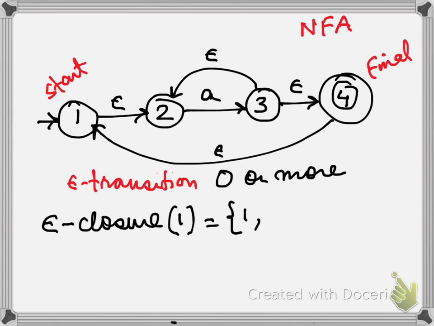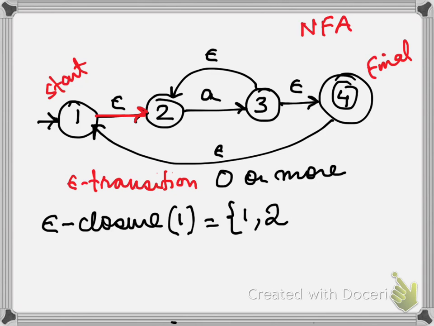Then following epsilon transitions, we can reach 2 from 1, so 2 will be included in the epsilon closure of 1.